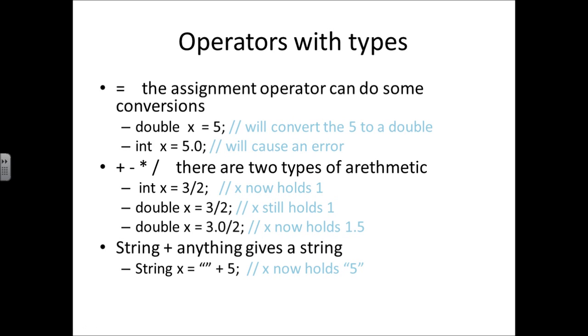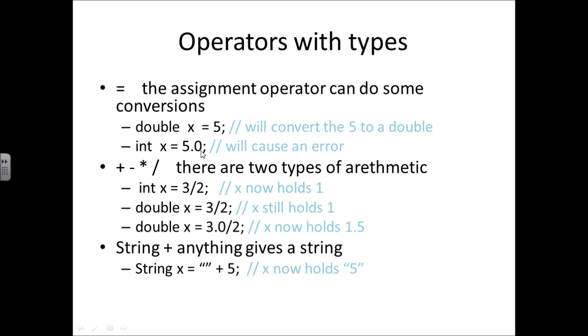And that can be convenient, but there are times when it can be a little bit confusing, because if I have an int and a double, it won't convert the double to an int without a cast. And I think we've talked about casting. If I wanted to convert that double to an int, I would have to put round brackets around it and type int.